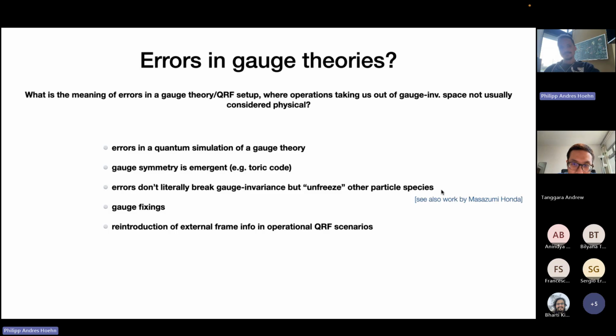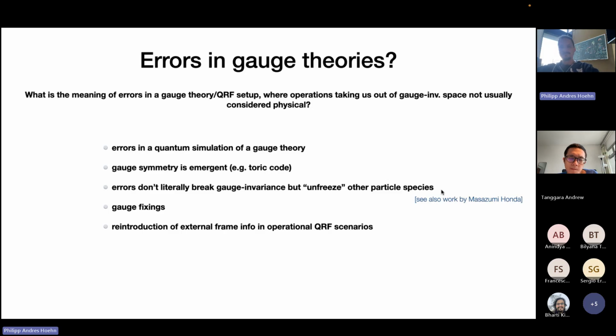Or you can think of something else where the errors basically don't literally break gauge invariance, but they sort of unfreeze some other particle species. I think I have a better explanation of that on the next slides. So it's basically when you go from the gauge invariant Hilbert space for the pure photon field in Maxwell's theory, and then you go to it having a non-trivial charge, then it basically means you have to compensate it with like electrons or positrons.